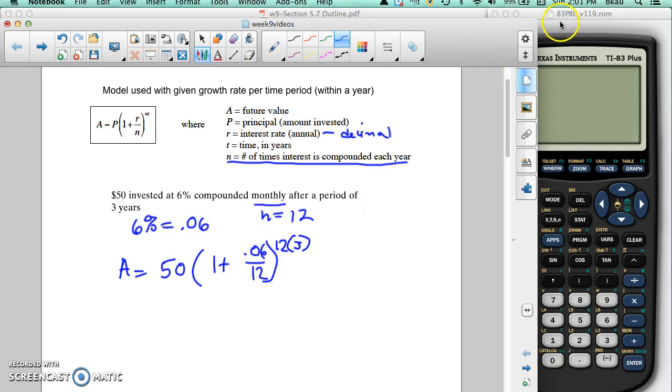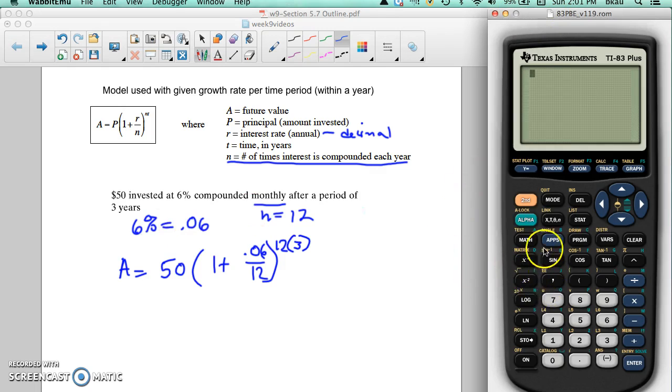Alright, and we would just stick this into our calculator. Let's type it in here: 50 times 1 plus 0.06 divided by 12, all raised to the power of, now we should put that in parentheses so we get both of them as a power, 12 times 3, which is 36.